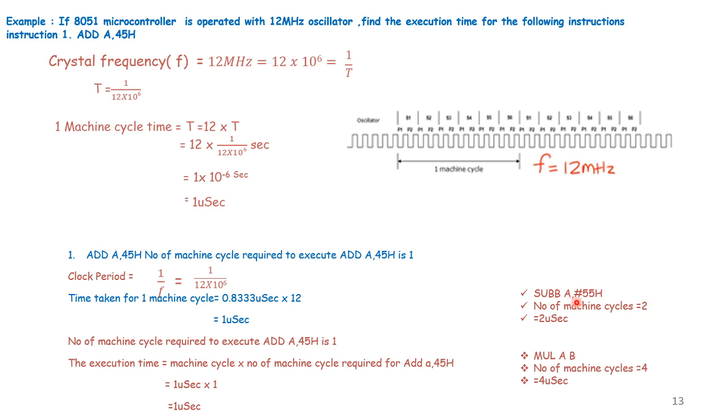Similarly for SUBB A, #55H, this needs 2 machine cycles. So the machine cycle time multiplied by the number of machine cycles required for SUBB A, #55H gives us 2 microseconds. So this 2 microseconds is the execution time for the SUBB instruction. Similarly, the MUL instruction, MUL AB, needs 4 machine cycles. So 4 machine cycles multiplied by the machine cycle time of 1 microsecond gives us 4 microseconds.